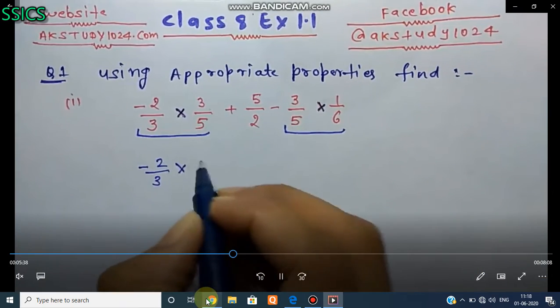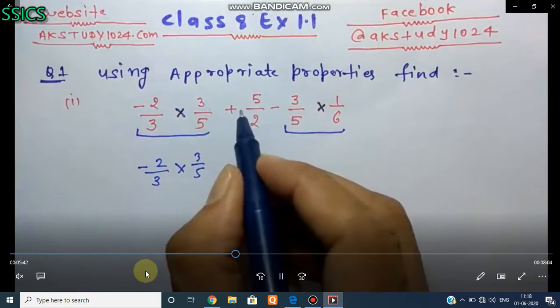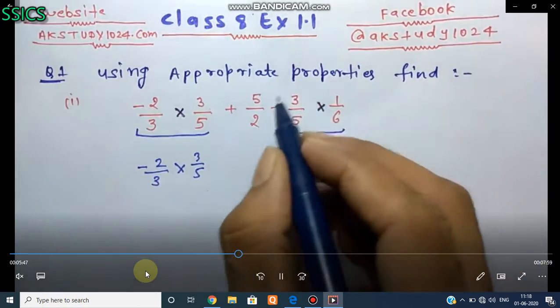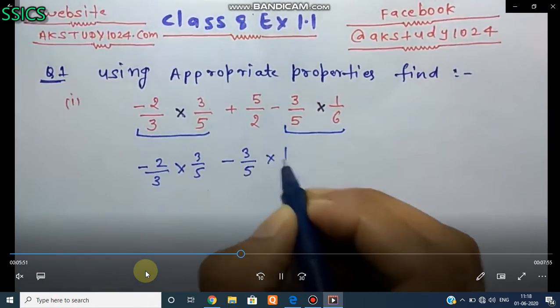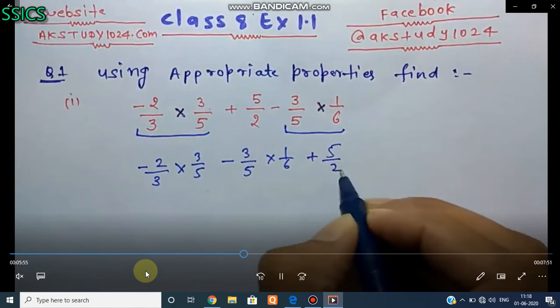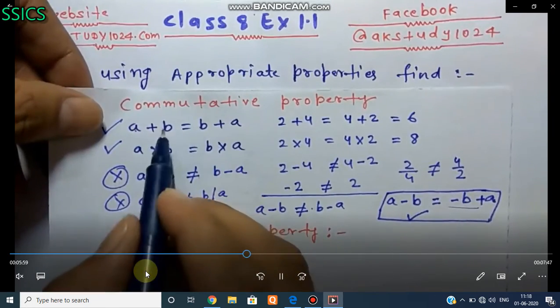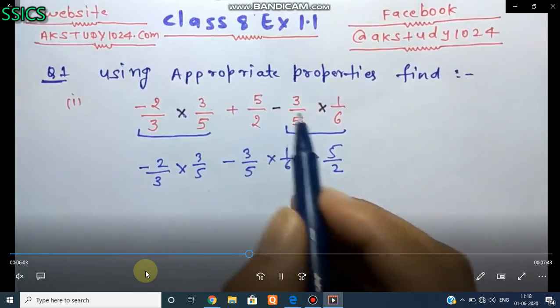-2/3 into 3/5. Now -3/5 into 1/6. The last term is +5/2. I just rearranged the terms, using a plus b is equal to b plus a.